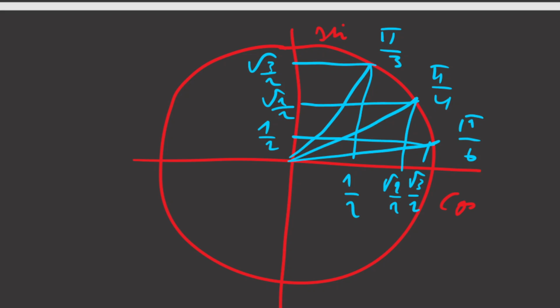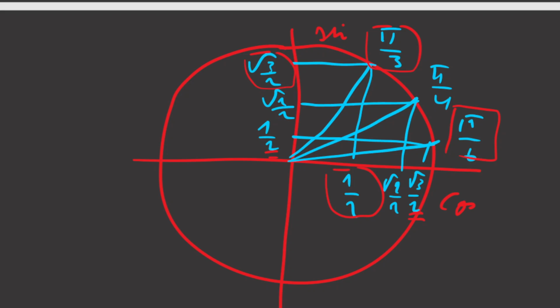So if we look at the values, we can see here square root of 3 over 2, and here 1 over 2, for this angle, and for this angle we can see the same thing, square root of 3 over 2, and here 1 over 2. So we can say it's pretty much our clue to our answer.